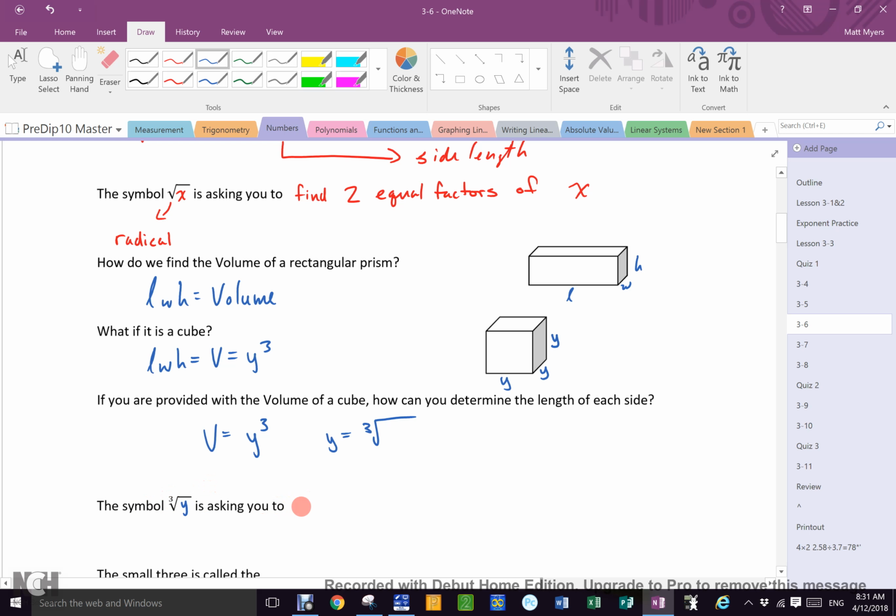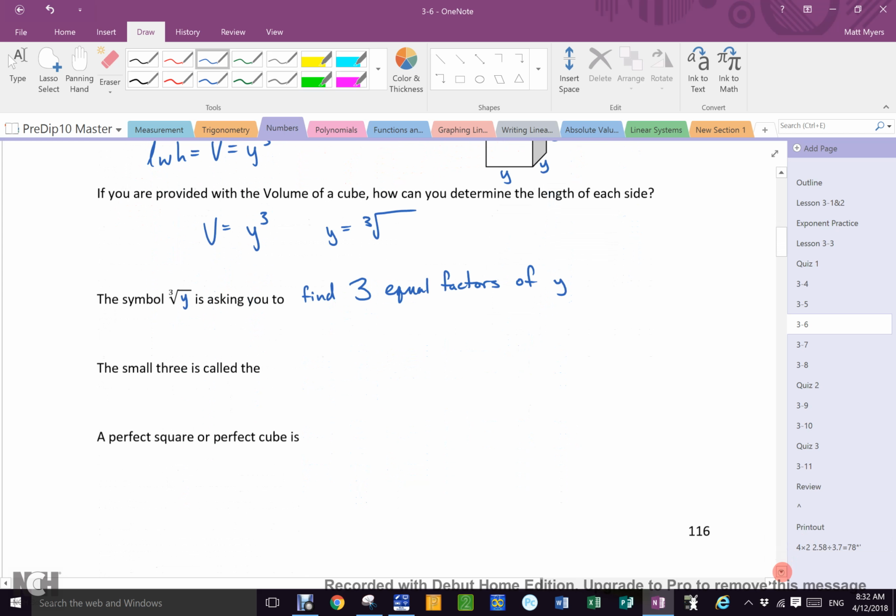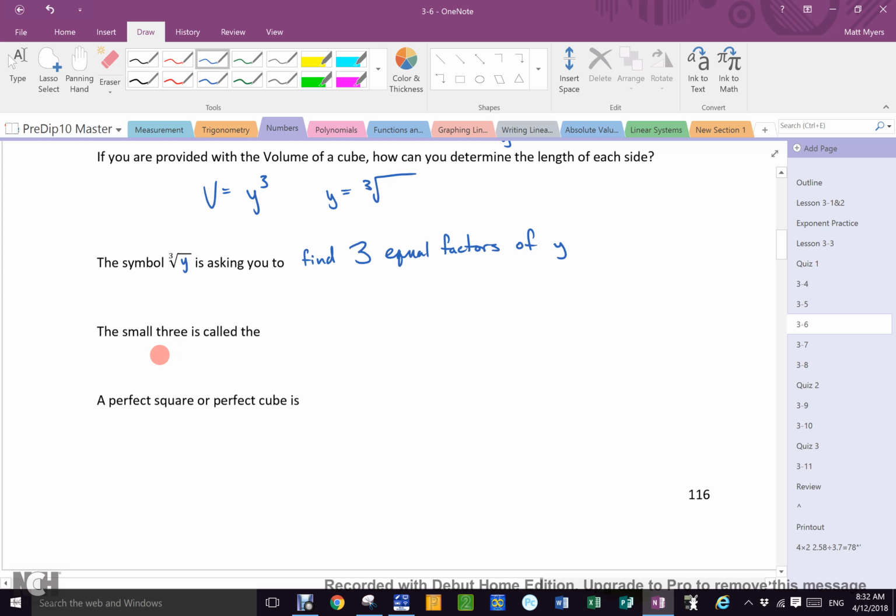The little 3 is asking me to find 3 equal factors of y, whatever y is. The small 3 is called the index number. Please highlight that, because we are going to be using it a lot.